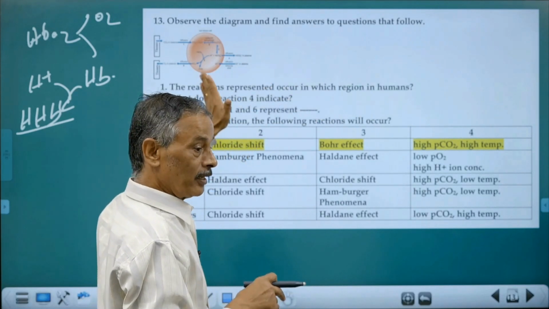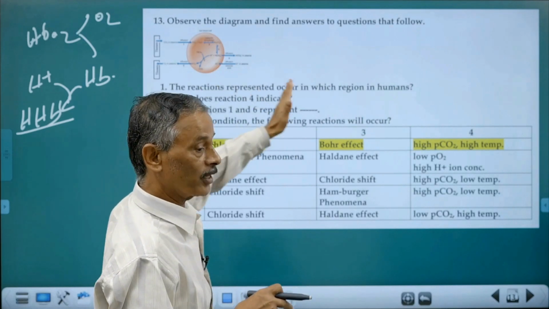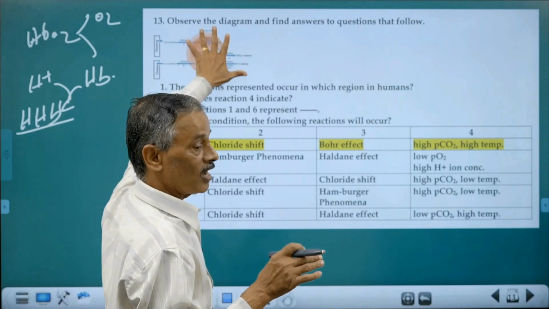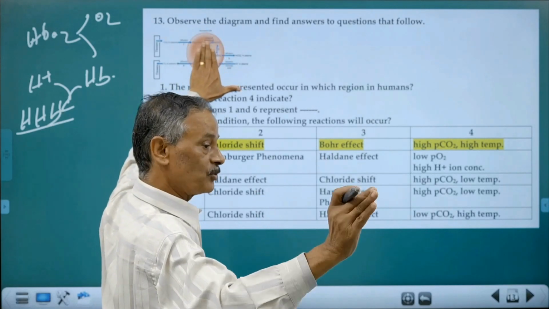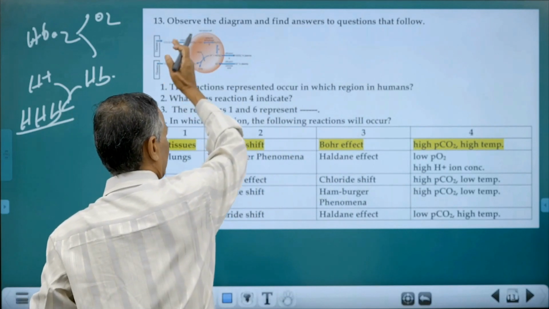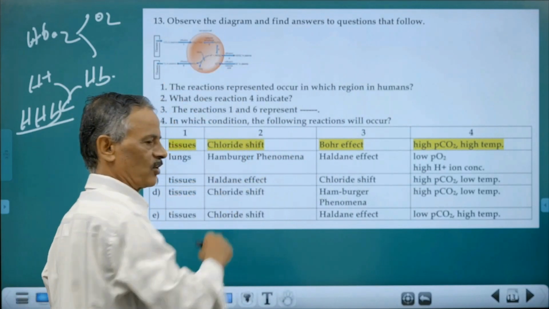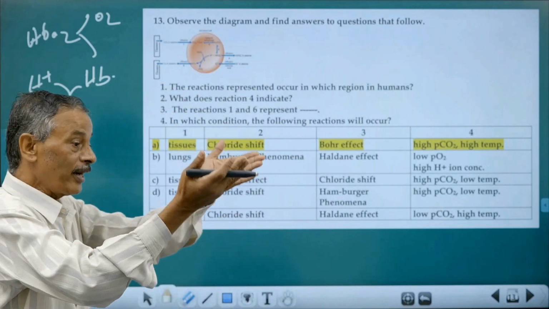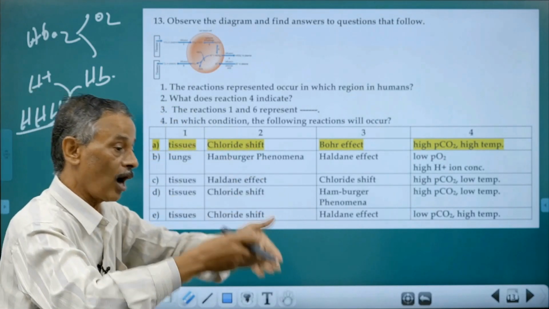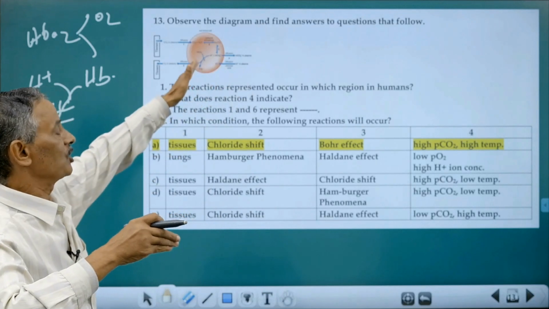So only negative charge bicarbonate ions going out will upset the pH within the RBC. So an equal number of same charge, negative charge, chloride ions enter in. That is called chloride shift. So chloride ions are coming into the RBC, bicarbonate ions are going out of the RBC in tissues.